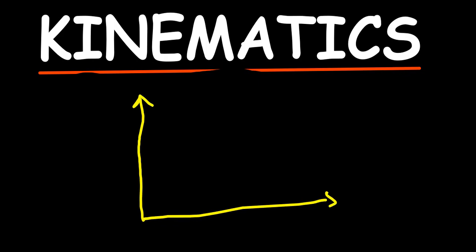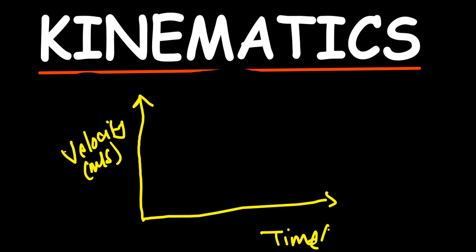So on this vertical axis we are going to put our velocity, and this velocity will be in meters per second. And then on this horizontal axis we are going to put the time, and this time will be in seconds. So it's very important to understand this velocity time graph.